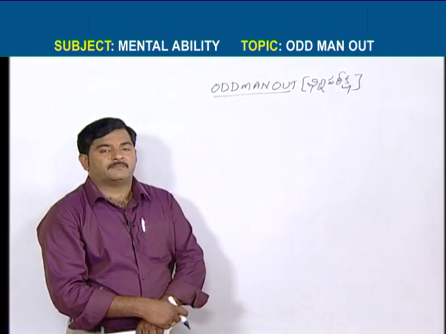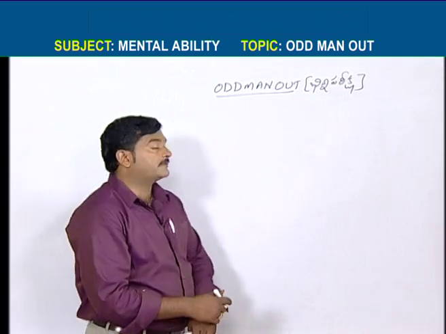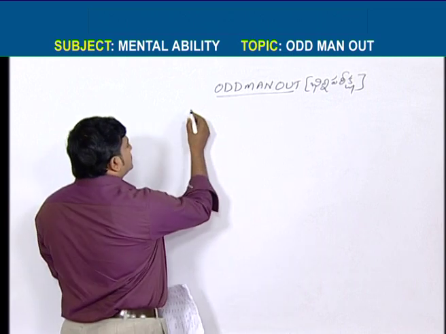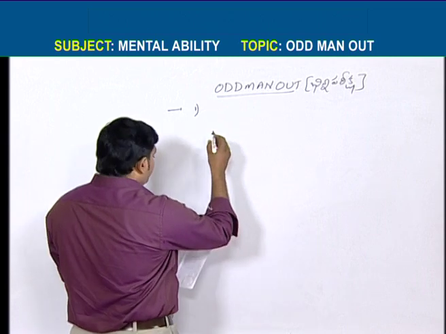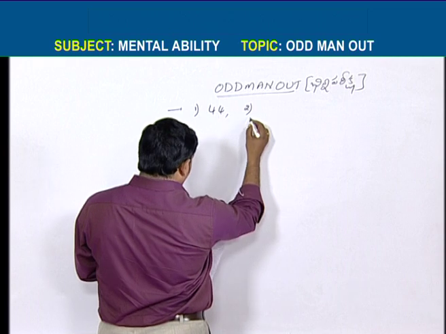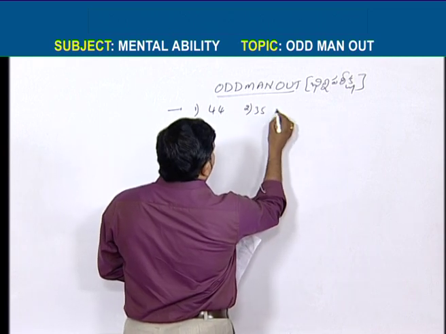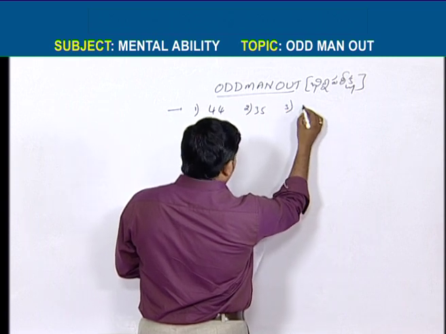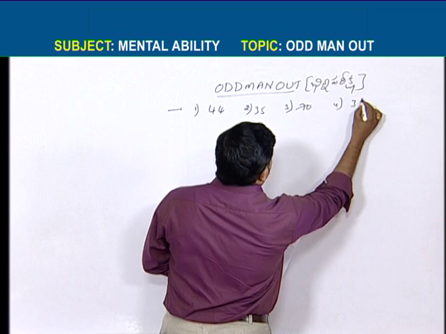Now let us start with the first type, number odd man out. In that we will take some questions. The question itself will give options. The first question: first option 44, second option 35, third option 70, fourth option 37.